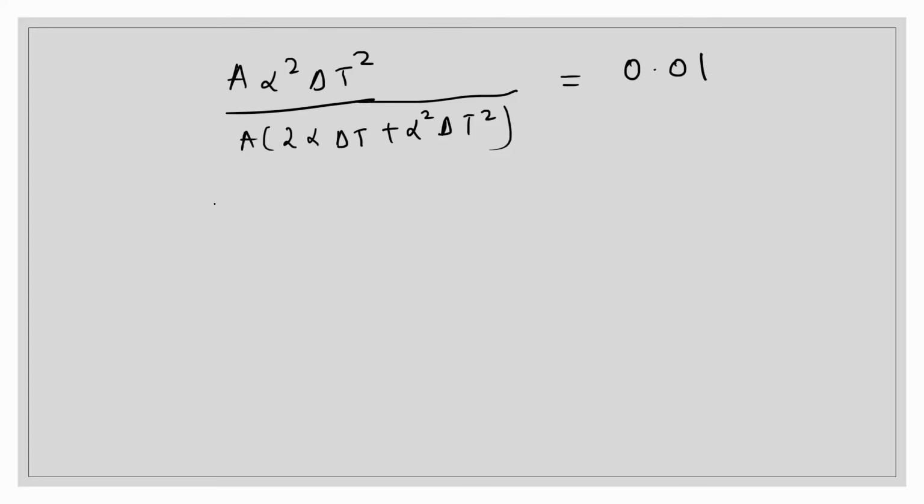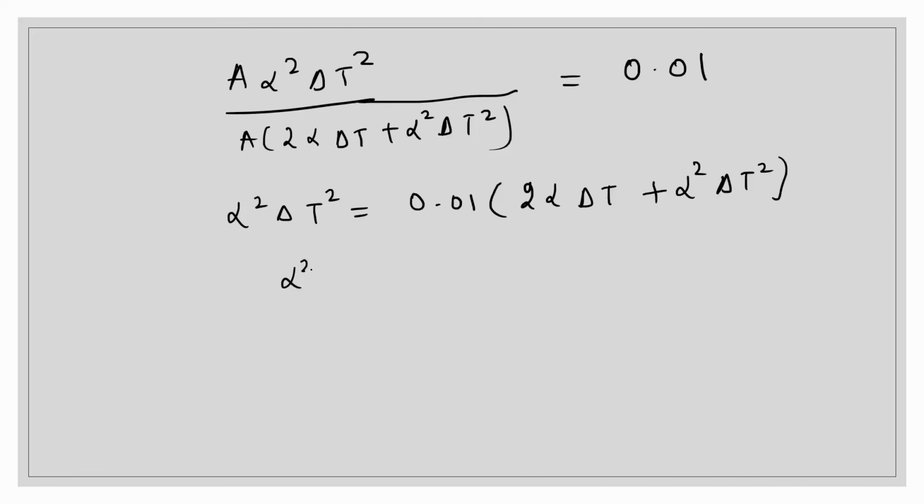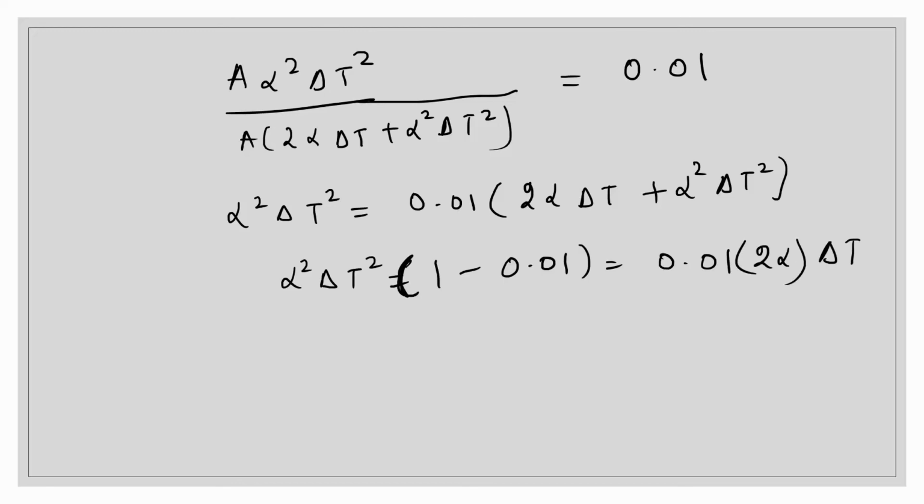Now you can use easy calculations. So alpha squared delta t squared will be, if I take it over here, 0.01 into 2 alpha delta t. Now putting the values of alpha, I can compute the value of delta t, that is 2 into 0.01 divided by 0.99 alpha.